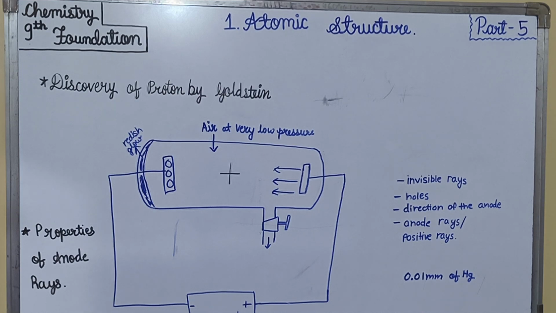A shadow can be formed only if anode rays travel in straight lines. Conclusion was that anode rays travel in straight lines and cast the shadows of the object placed in their path.